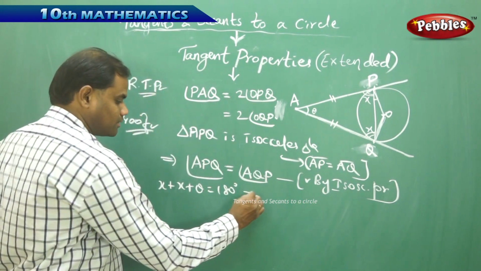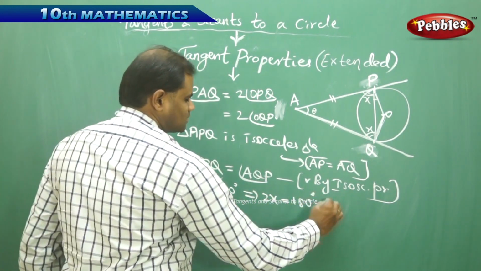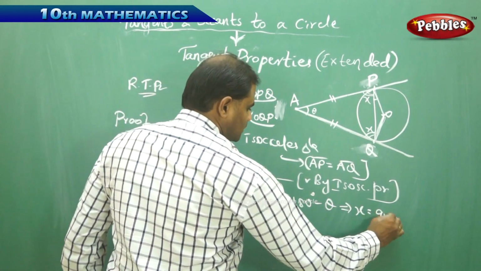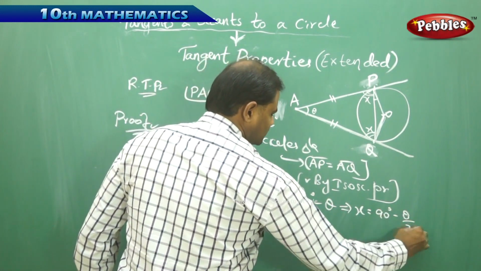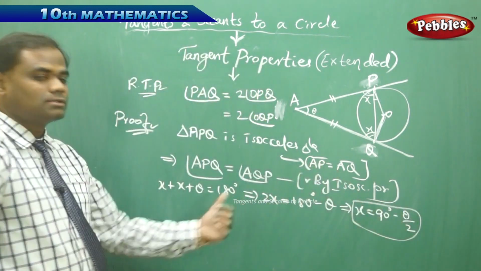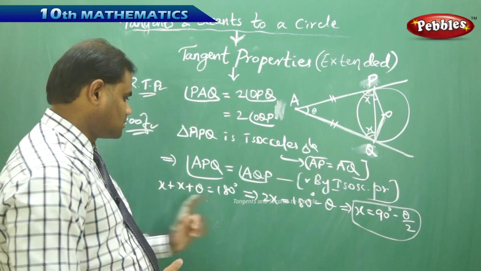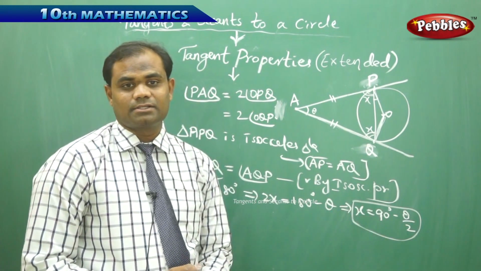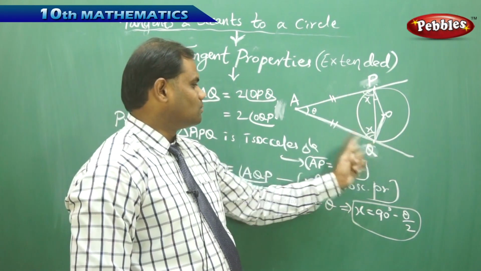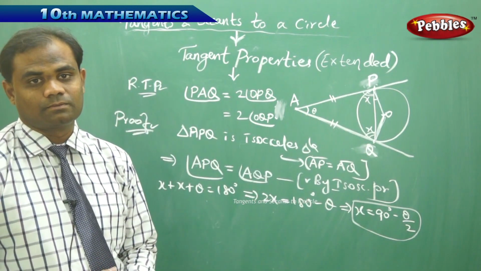So 2x is 180 minus theta, or I get x equals 90 minus half theta. So x, which is angle APQ or AQP, is 90 minus theta by 2.